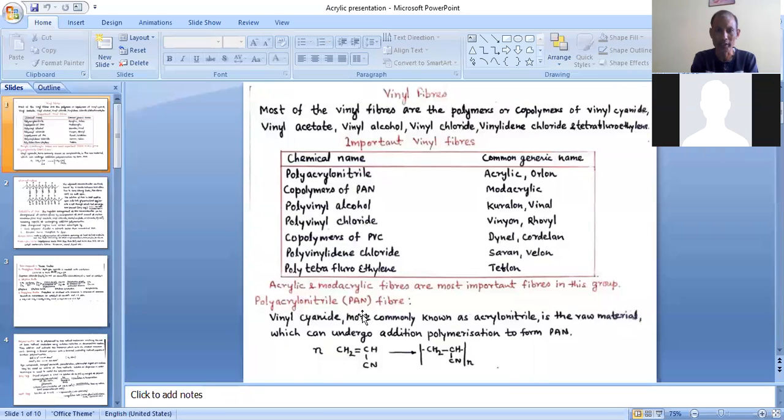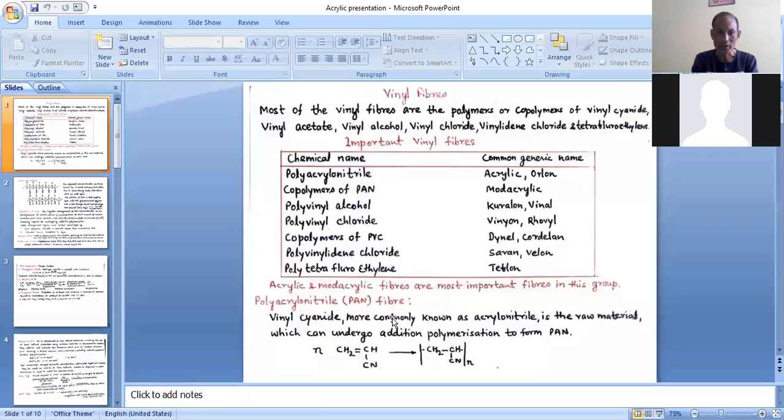Now, what are polyacrylonitrile fibers? The chemical name is polyacrylonitrile and the generic name is acrylic. So here we are taking an introduction about the acrylic fibers. Now we will focus mainly on the acrylic fiber, that is based on polyacrylonitrile, and which is made up of either polymer or copolymer of vinyl cyanide.